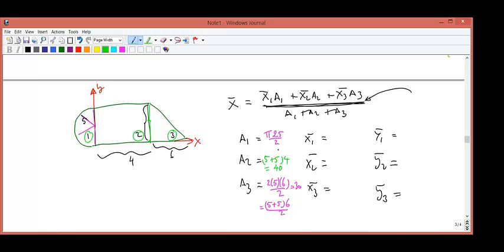Okay, where is the centroid x2 bar? And remember, x2 bar must be measured from the y-axis. This is the source of all the problems, but they can be minimized greatly by just drawing it. x2 bar is the centroid of area 2 as measured from your y-axis.